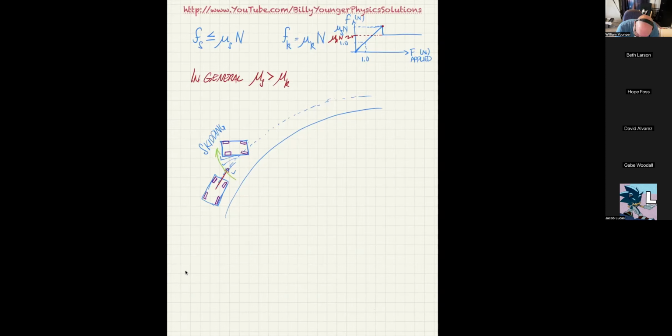What the meteorologist is trying to teach you is that when you're skidding this way, you are trying to turn into the skid by turning your wheels such that they point this way.